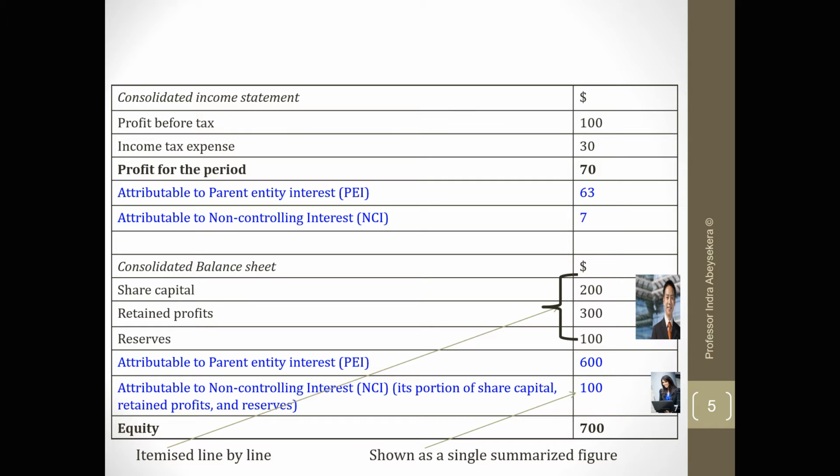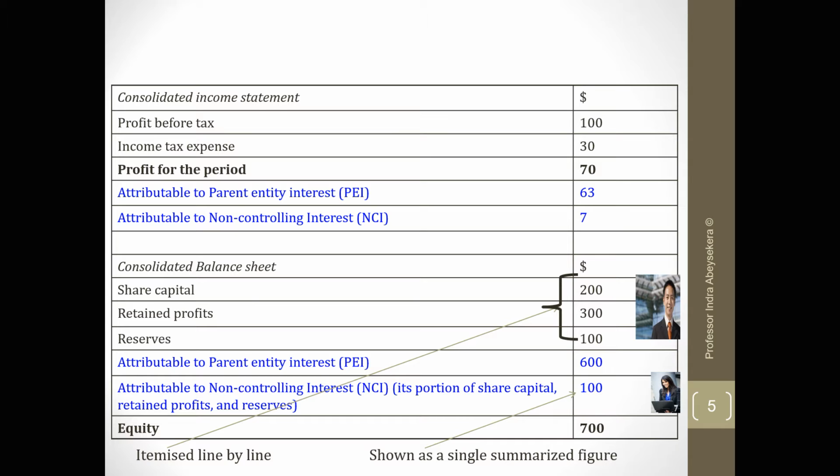If you look at a group income statement, part of the profit of that group is attributable to the parent entity.